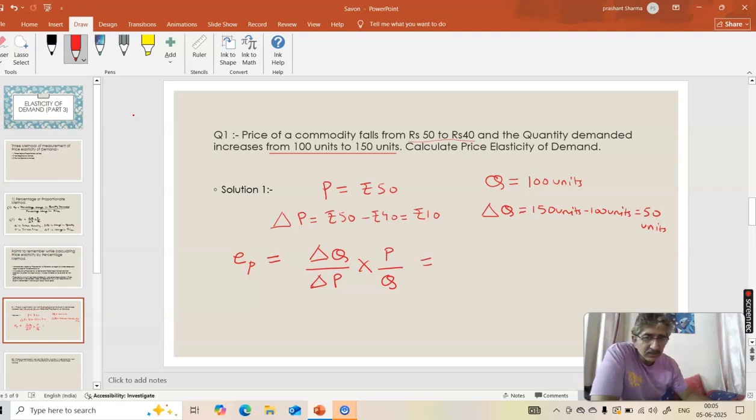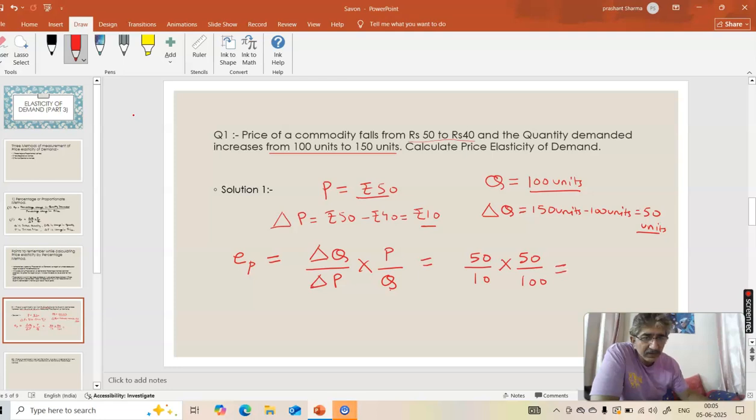So what is change in quantity? Above I have mentioned 50 units, upon change in price, which is 10. I am doing away with the units, rupees and units. Into P. What is original price? You can see that it's rupees 50. I am writing 50 upon Q. So I'm just putting the values. It's 100 units. So I'm putting 100.